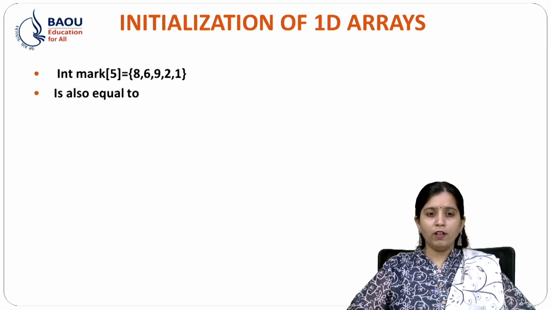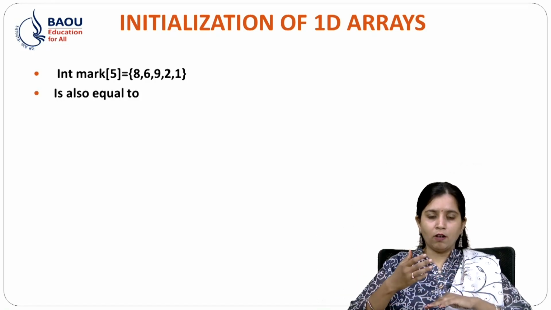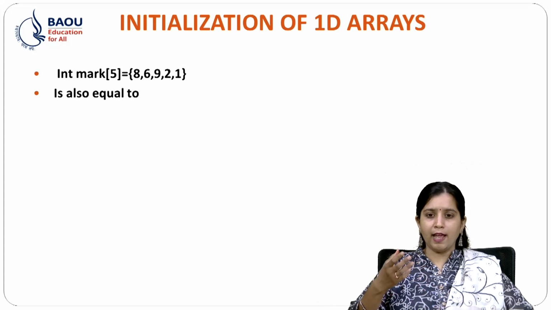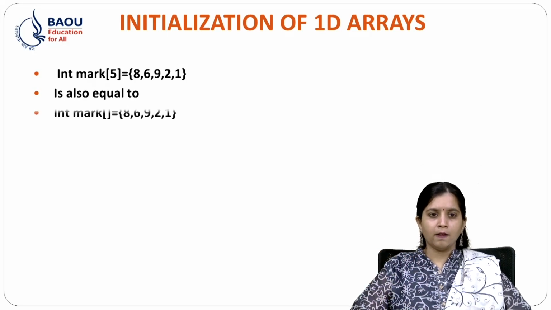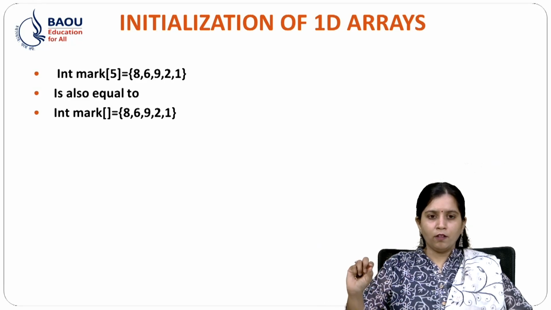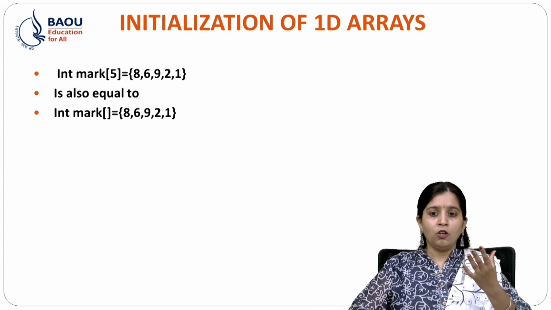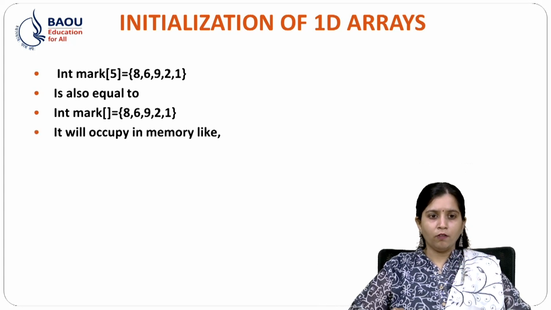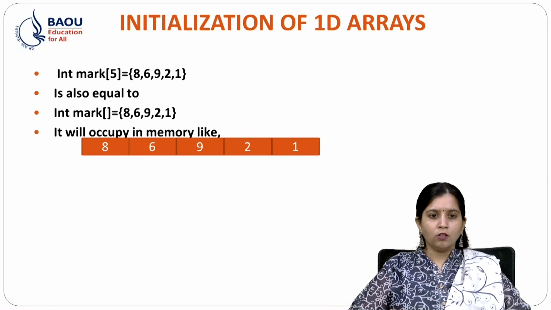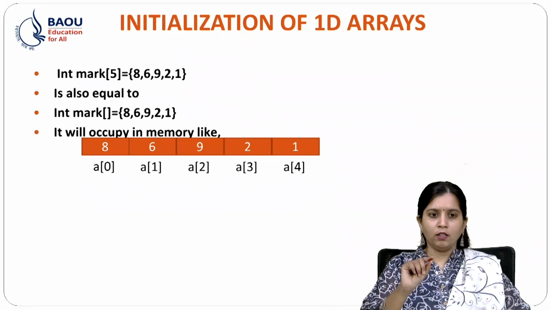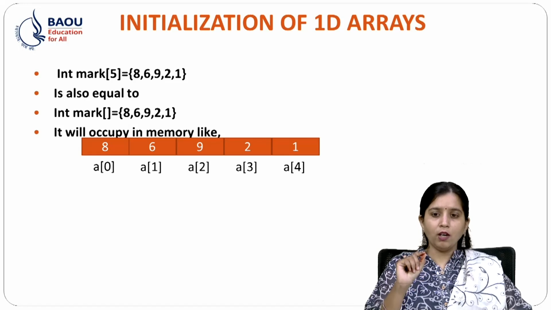How we will use this array in another way is int marks and then the values of marks. So let's see how this marks array will look in our memory. At position 0, A[0], where 0 is a subscript or index in C++.